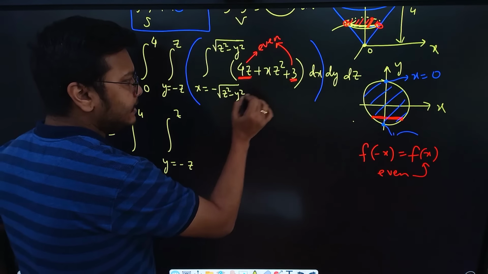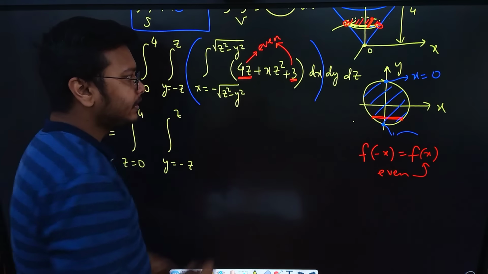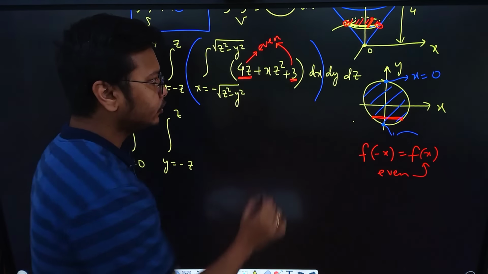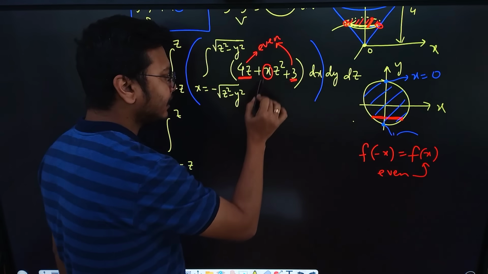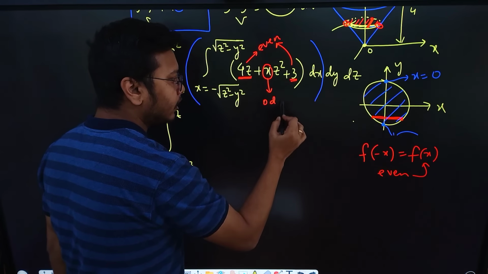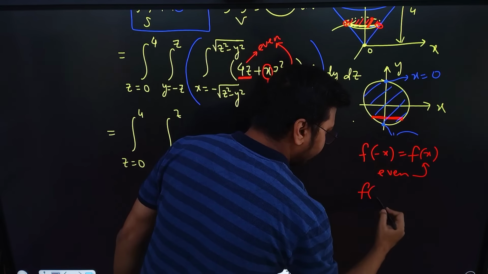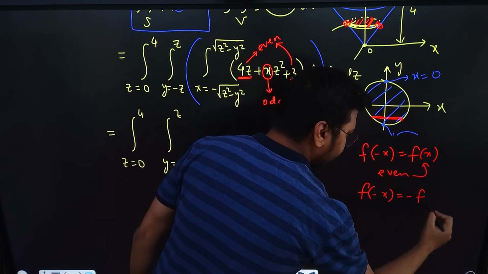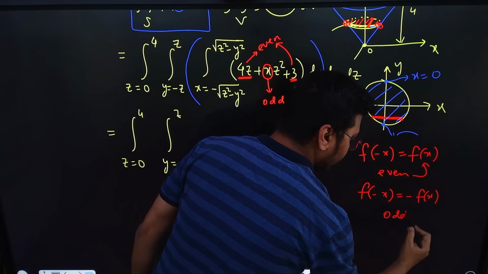And the integration of the middle term, here again z square is a constant, so you're basically going to integrate x. So x is an odd function, right? So what is an odd function? If f of minus x equals minus of f of x, that's an odd function.